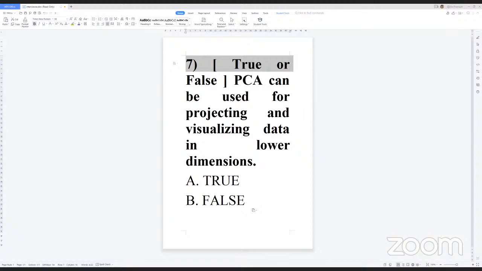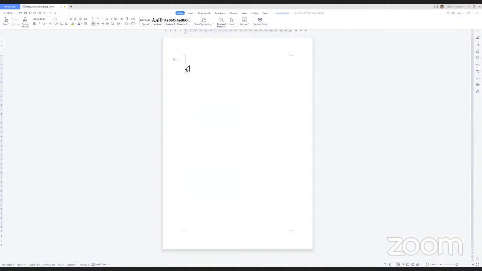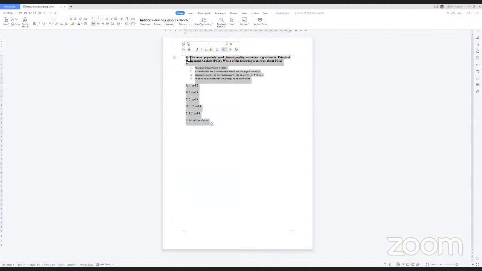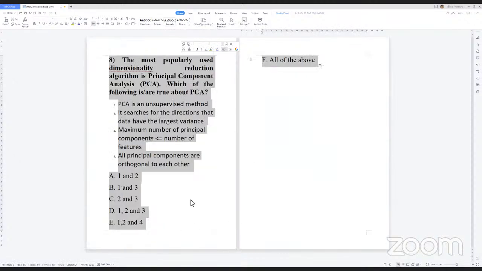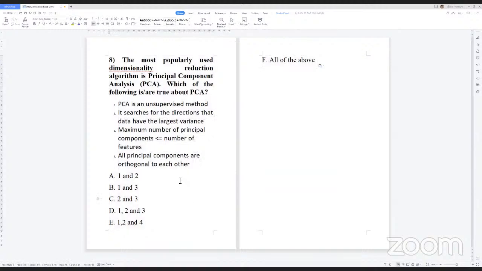which is of course the eighth question. The eighth question states that the most popularly used dimensionality reduction algorithm is PCA. Which of the following are true about PCA?